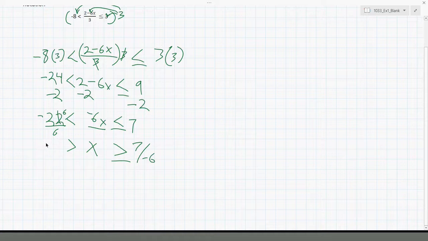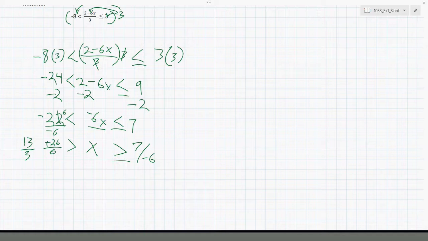And we've got the negative 26 over 6, which if we simplify, we'll get down to 13 over 3. Does it still have a negative sign on it? No, it doesn't, because this was negative and the 6 was negative, therefore they both canceled out and made it positive. That's also why they flipped sides. So this is the positive number and it's greater than x, and then x is greater than a negative number, so it makes sense.